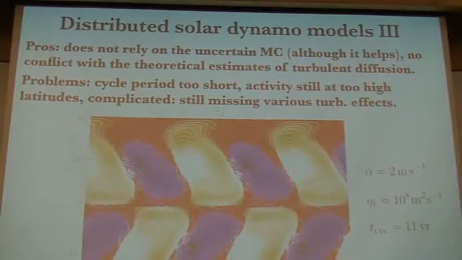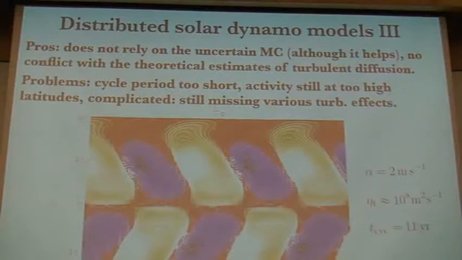Another common problem is that the activity is at slightly too high latitudes, so the maximum usually is around 30, 35 degrees. And you can also have these fields up to 60 degrees or so, although we did our utmost here to get these magnetic fields towards the equator.